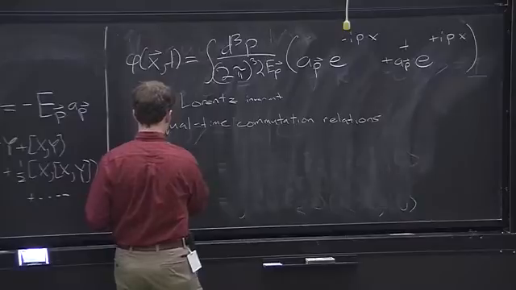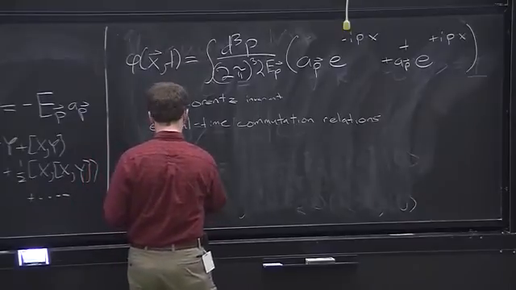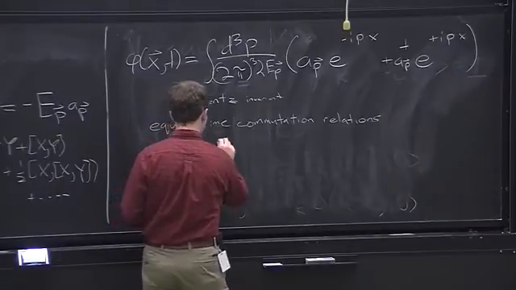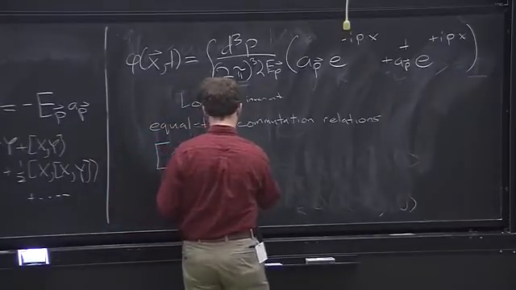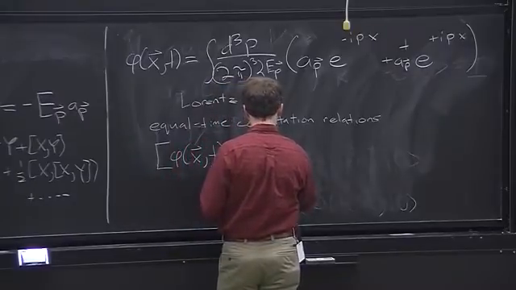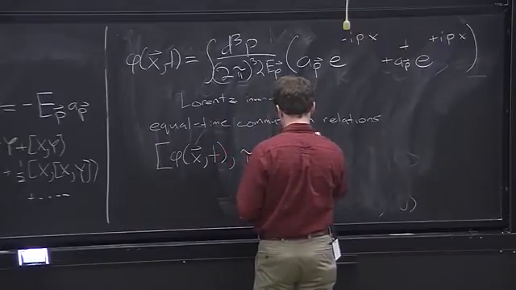So equal time commutation relations mean that these field operators just satisfy the same commutation relations we had before if we evaluate phi and pi at the same time.